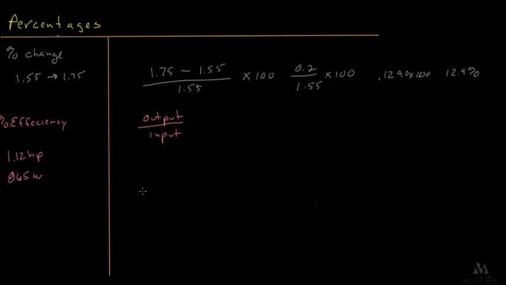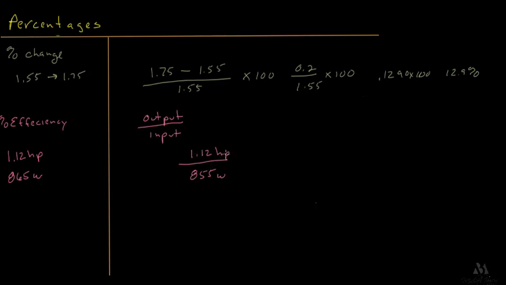So how do we calculate that? Well, the output is going to be in horsepower, the 1.12, and the input is going to be 865 watts. Now the problem we've got right now is we need these to be the same units.